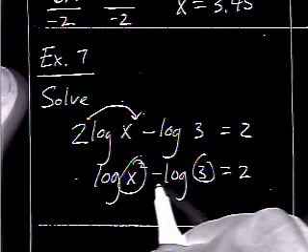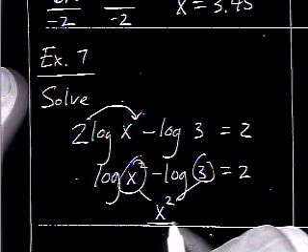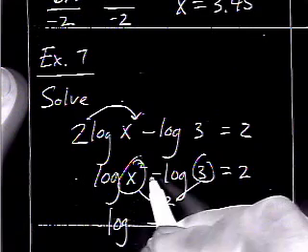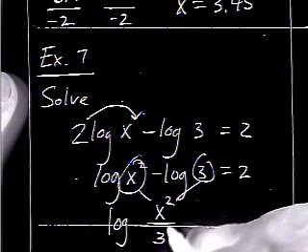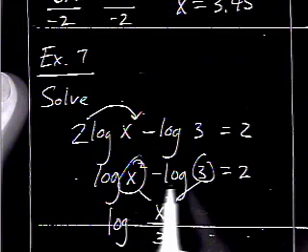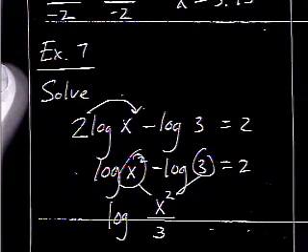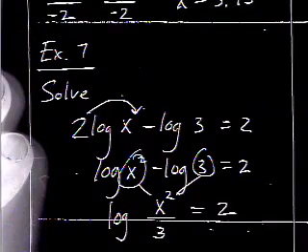We see that we have subtraction, so we're going to put these two things together into a fraction, right? Remember we've talked about how logarithms are exponents. So if you're subtracting two exponents, that must mean you were dividing. Whenever you divide like bases, you subtract exponents. That's what it makes me think of.